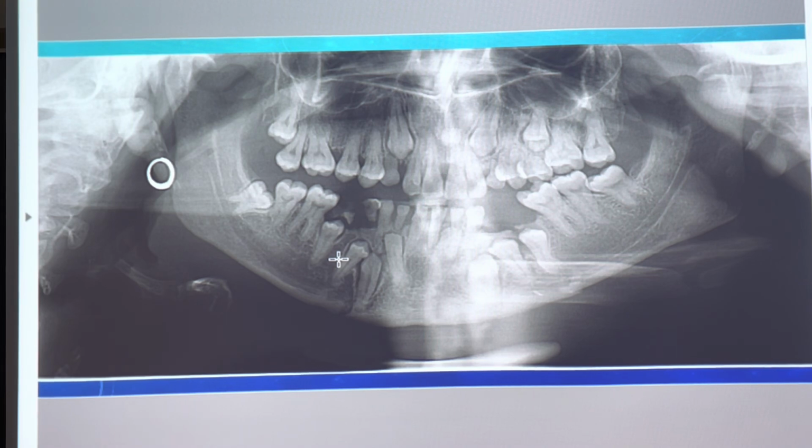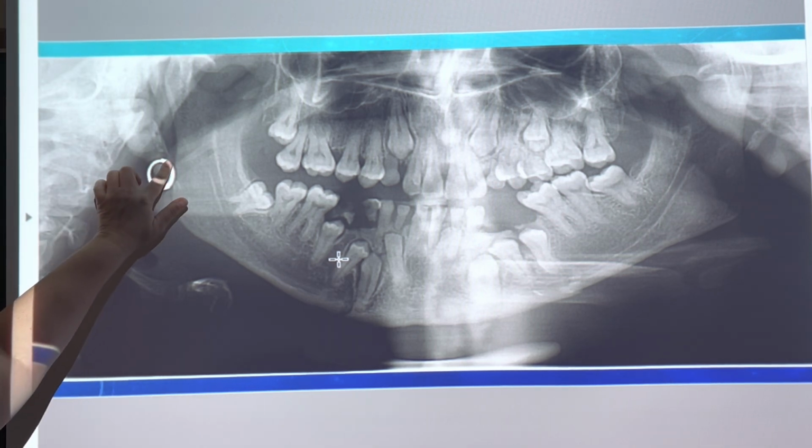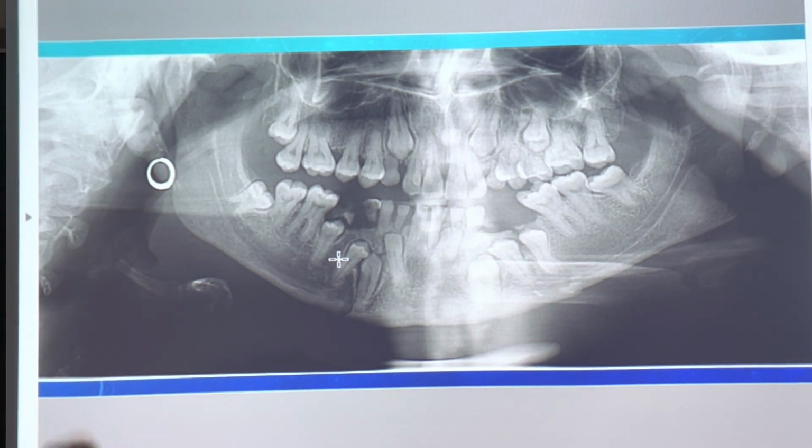The other thing in this x-ray I want to point out is the patient left an earring on. So when you're sending this to an oral surgeon or an orthodontist or another general dentist, you want to make sure that all jewelry is removed.